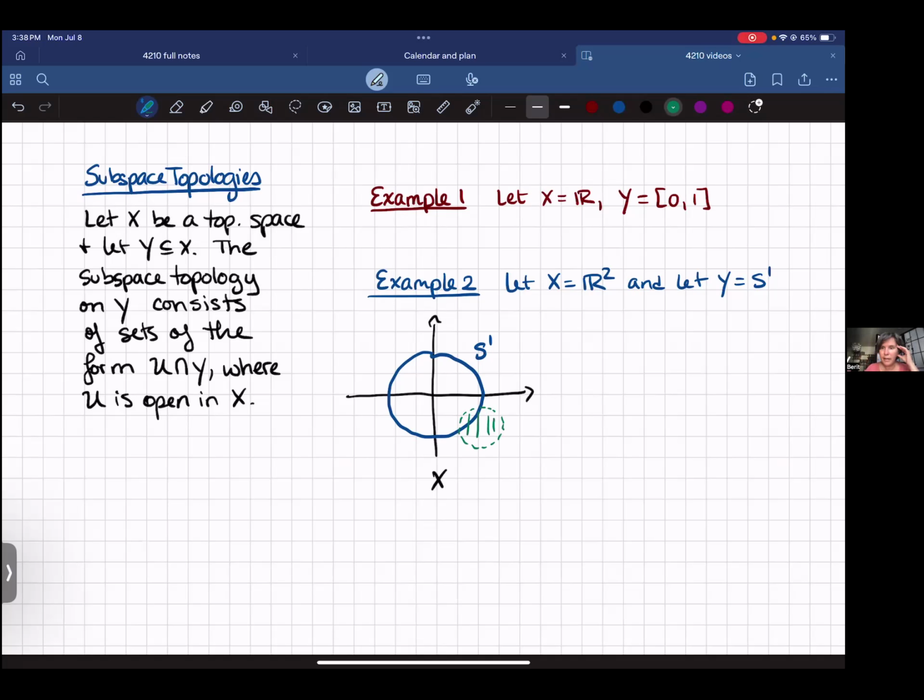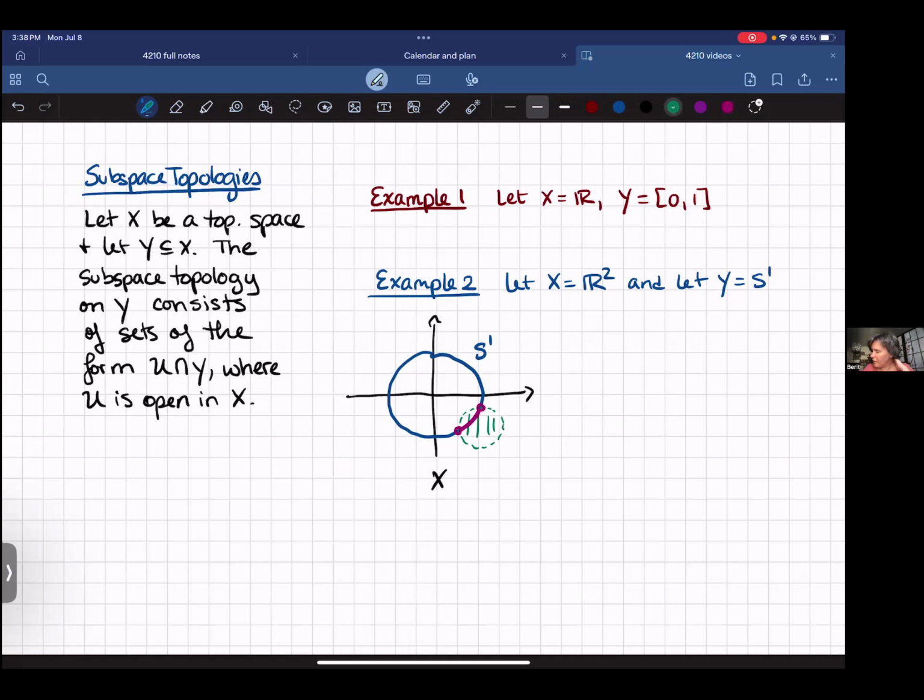When I intersect that open ball with the unit circle, what I get is just the little bit that's on the circle and inside of that ball. And it would not include the endpoints because the ball's boundary is not included.